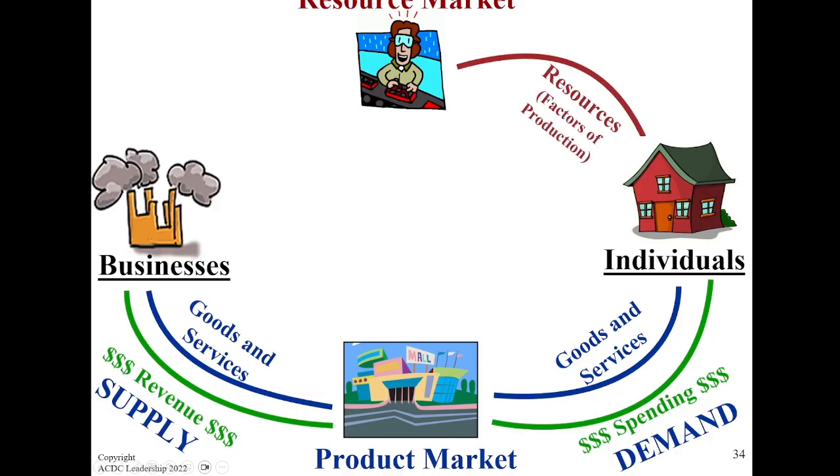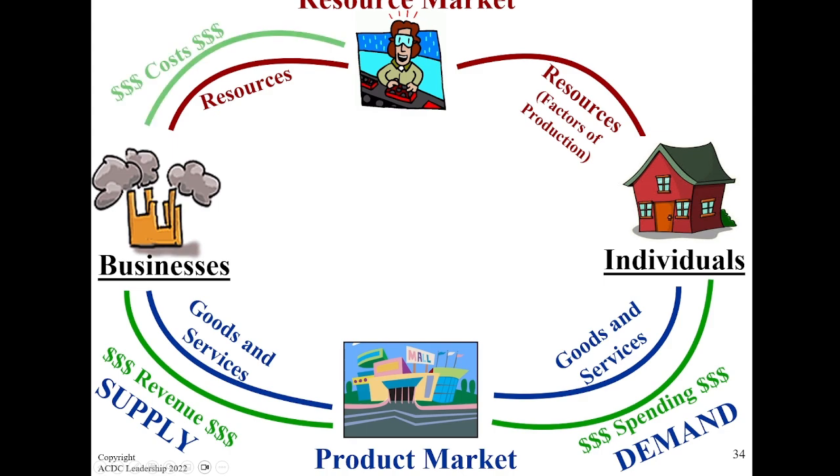So this is supply, this is demand. Now individuals will give resources. Individuals will give resources like taxes or things like that, and the resources will be bought by the government. So these are the costs. Remember, profit is revenue minus costs.